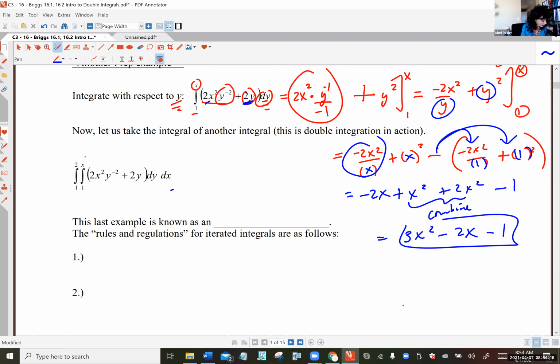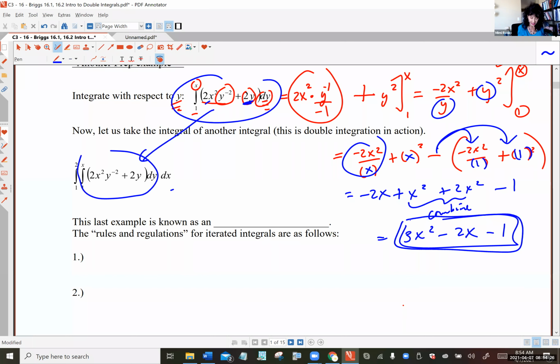So let's do this. All right, so what do we have here? This innermost integral, I want you to notice, we already did it. We did the work. We got that the result was 3x squared minus 2x minus 1. So I can rewrite this problem now where the innermost integral is 3x squared minus 2x minus 1, and then we're going to do the outermost integral.